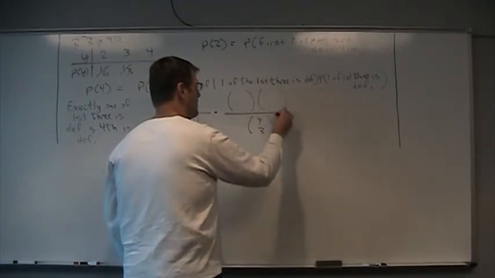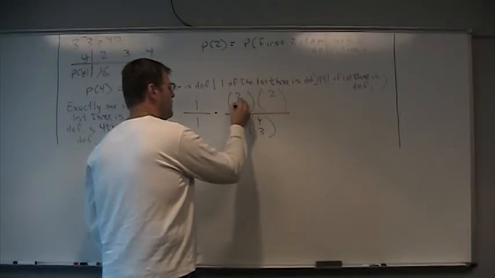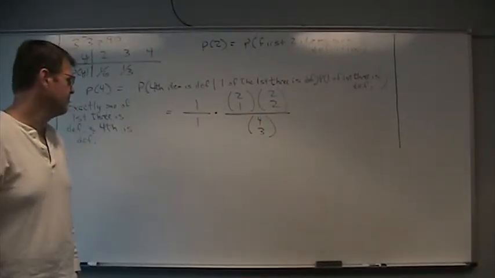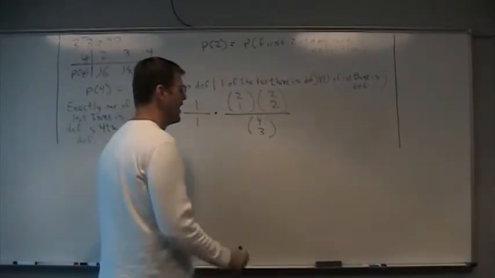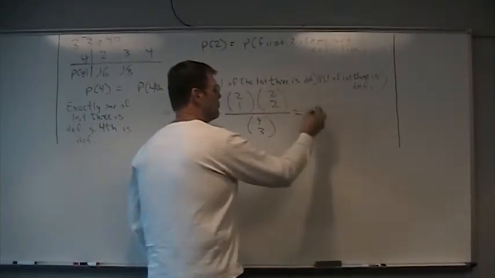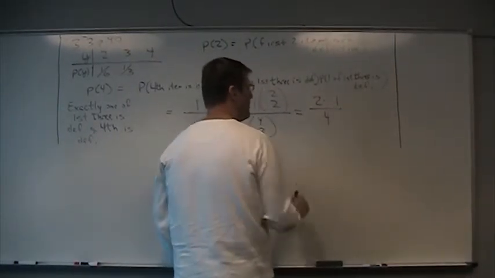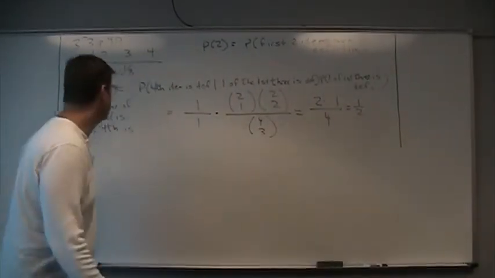Again, we have our defectives and our non-defectives, 2 of each. We chose 1 defective, and we chose 2 non-defectives. 1/1 is 1, so we'll drop that out. 2 choose 1 is 2, 2 choose 2 is 1, 4 choose 3 is 4, and there's our half.